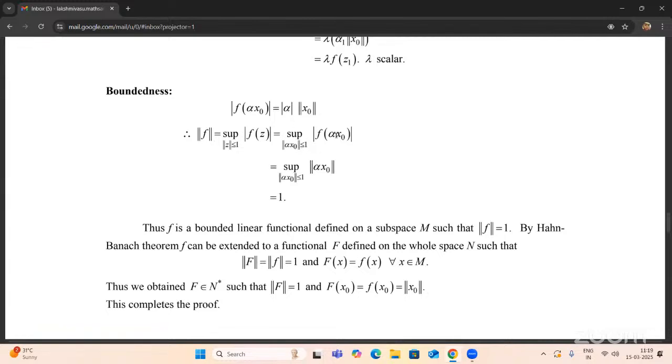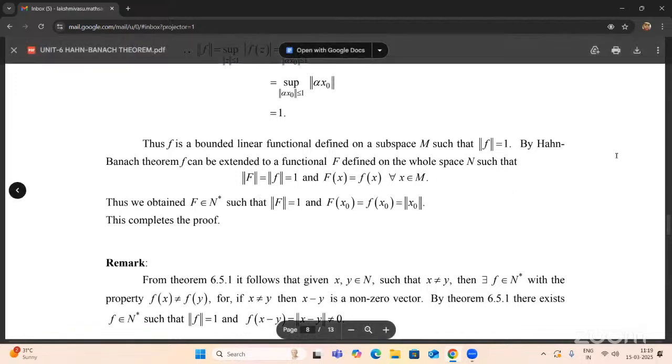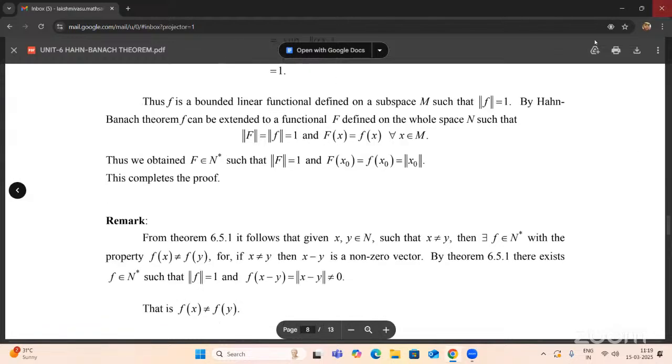Then the supremum of the functional is norm alpha x naught, which is equivalent to 1, because norm alpha x naught is less than or equal to 1, so the supremum is also 1. So finally, we have observed that f is a bounded linear functional defined on the subspace capital M, and norm f equals 1.